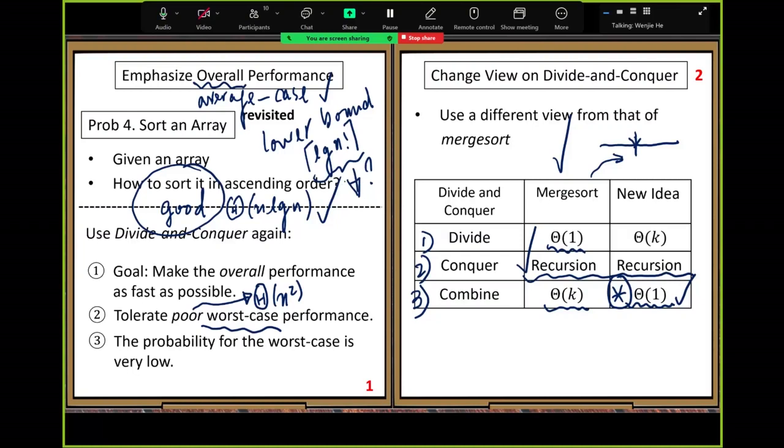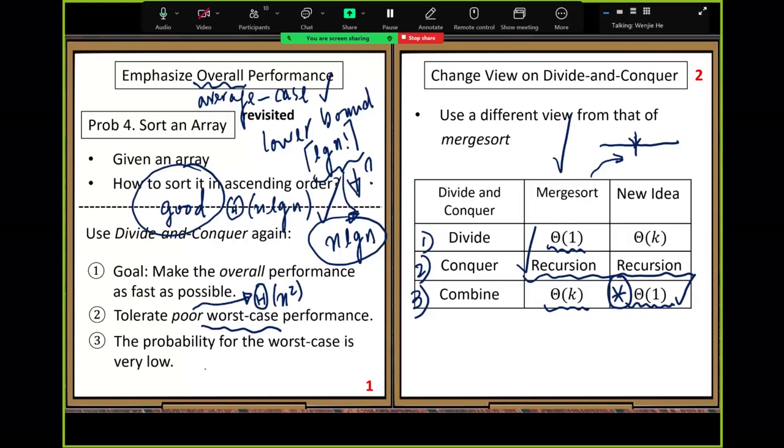So here I can give you an approximation. That complicated function can be approximated by n log n. This way we can see much better, right? N log n is very close to log of n factorial.